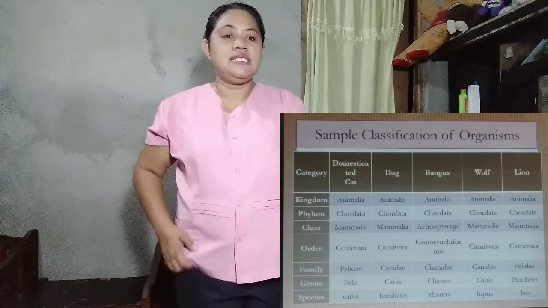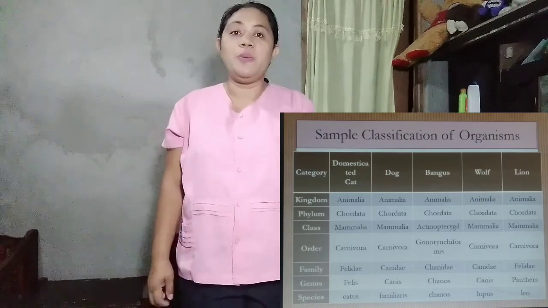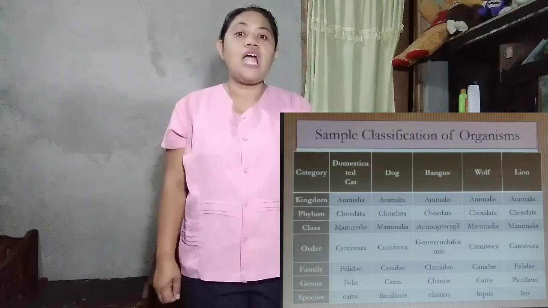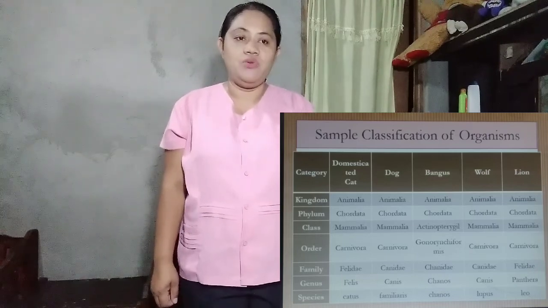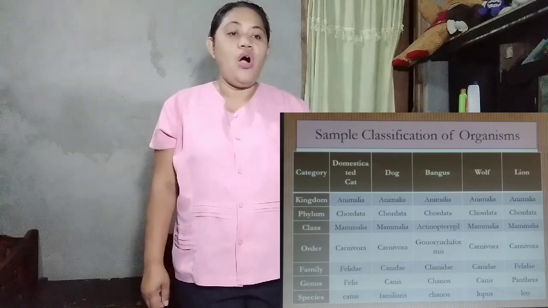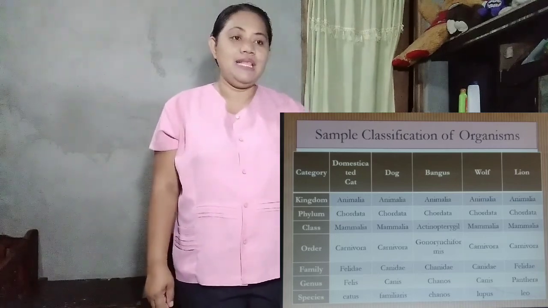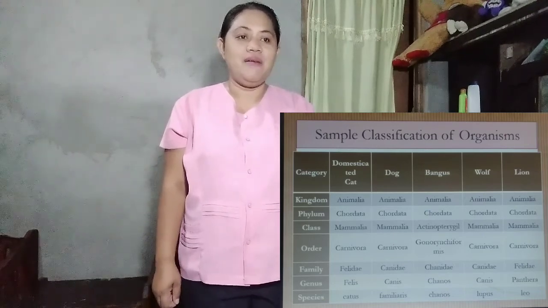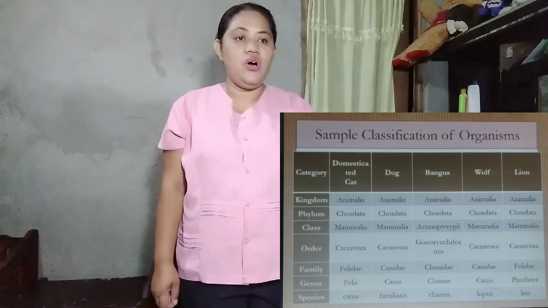The next is phylum. They all belong to phylum Chordata. When we say Chordata, these are animals with a backbone. The next one, they also all belong to class Mammalia. Domesticated cat belongs to class Mammalia, same as dog.